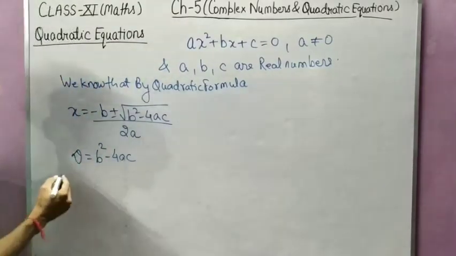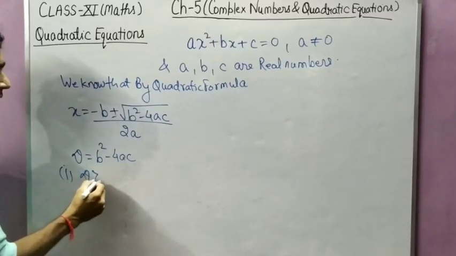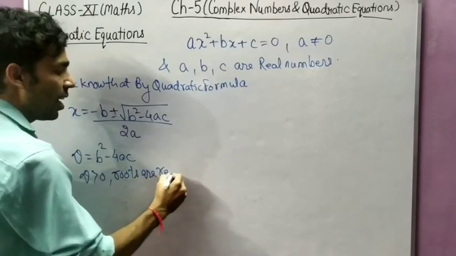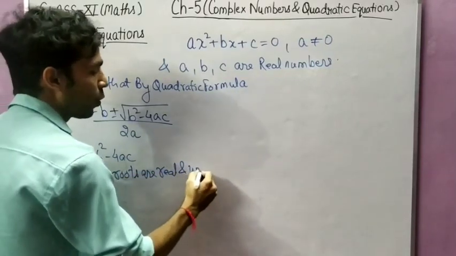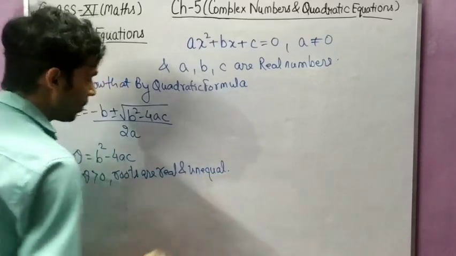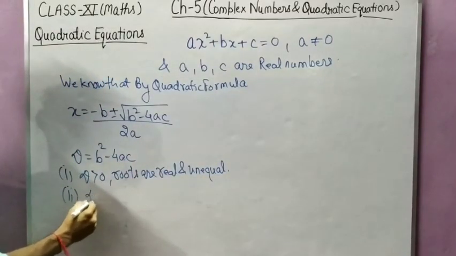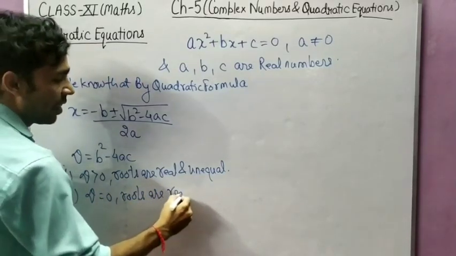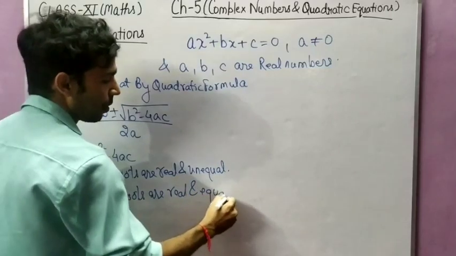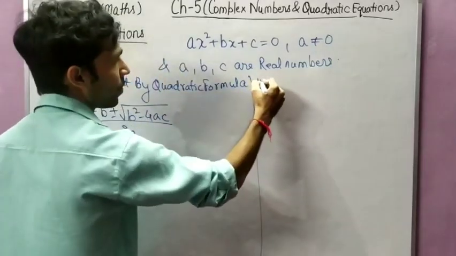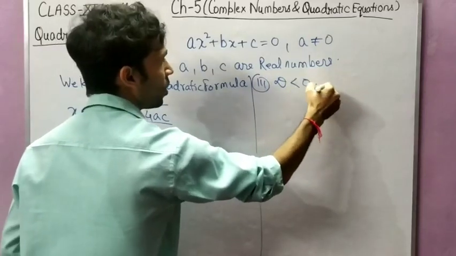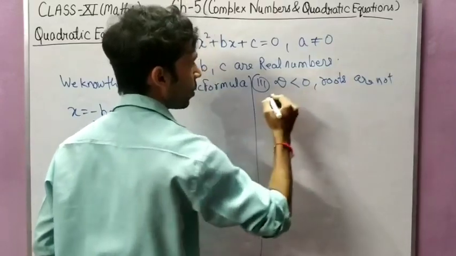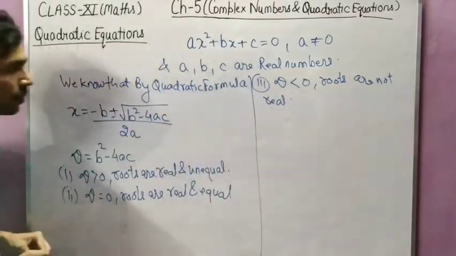The first condition: when D is greater than 0, roots are real and unequal. Unequal means distinct or different. Second case: when D is equal to 0, roots are real and equal. The third case: when D is less than 0, roots are not real.